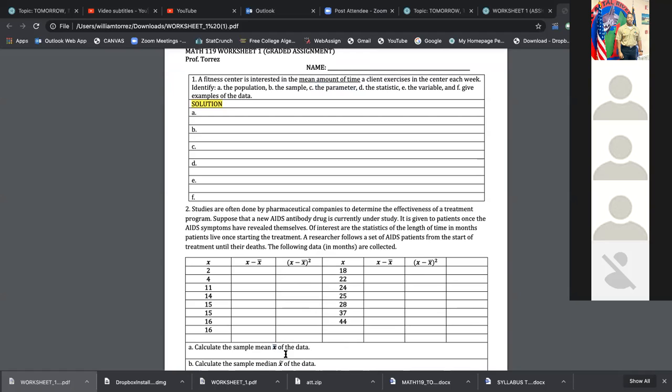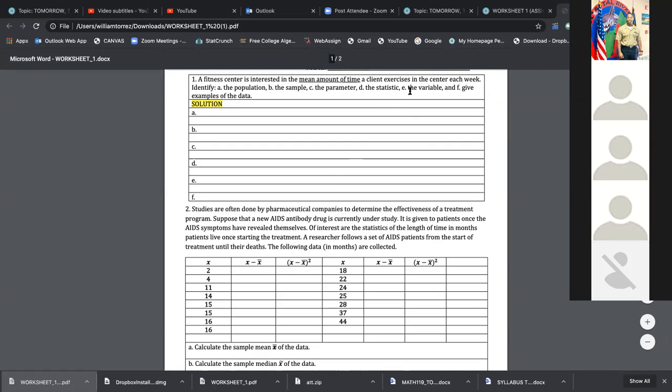And I'll define it for you. It's just the sum of all the times, okay, divided by the size of her sample, that is the number of observations that she actually has collected over that week that she's observing the clients as they leave the fitness center.